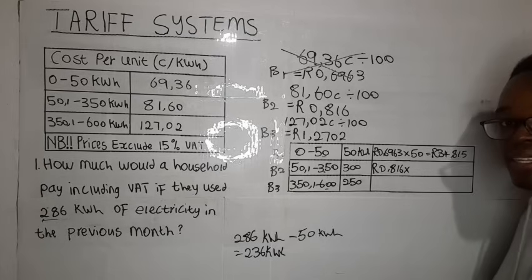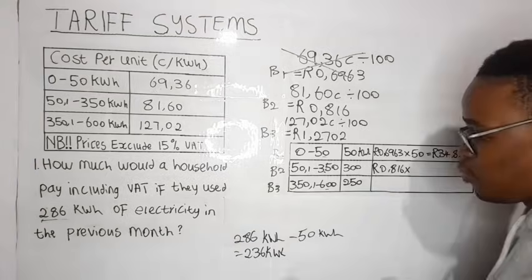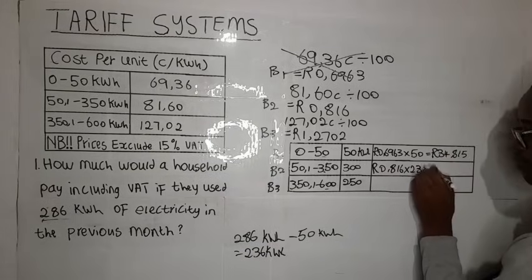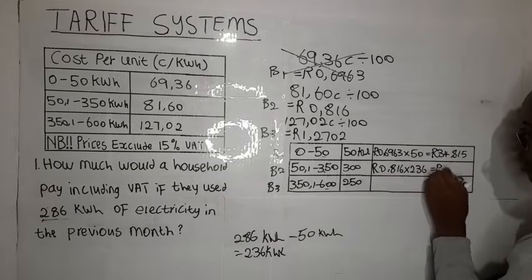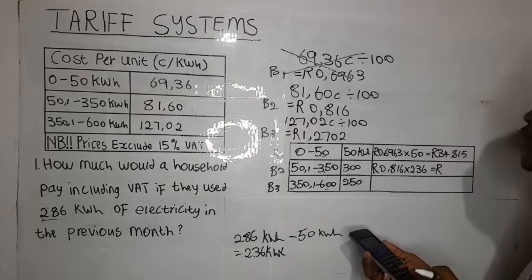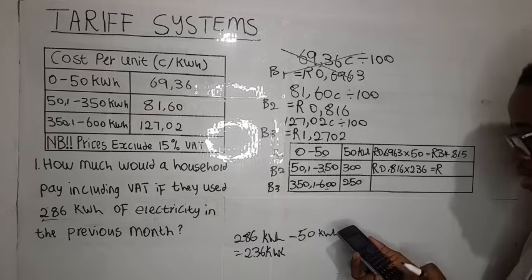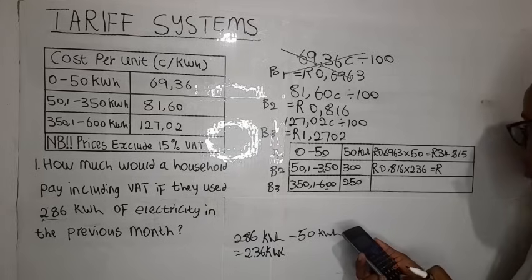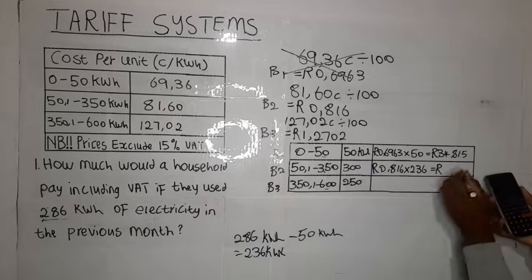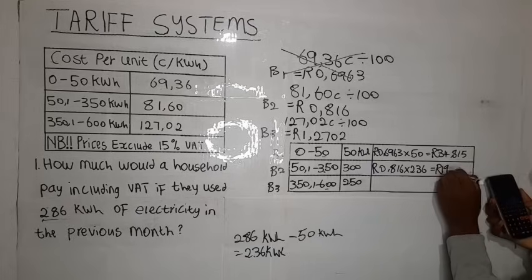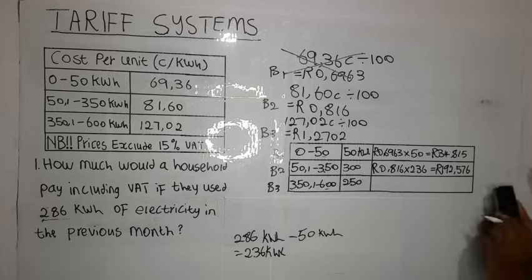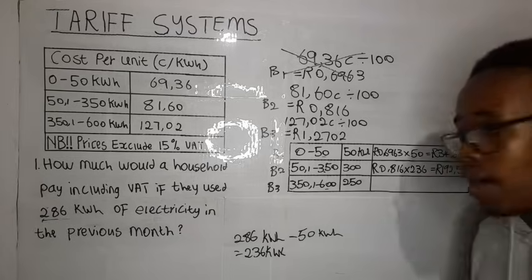You multiply by the number of kilowatts we are left with, 236. And you press that on your calculator: 0.816 multiplied by 236 gives you 192.576. You do not round up.